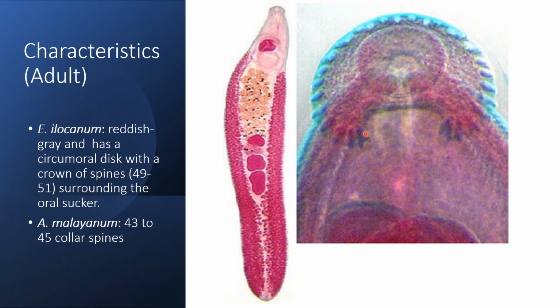They only differ based on the number of collar spines surrounding the oral sucker. E. elocanum has 49 to 51 spines, while A. malayanum has 43 to 45 collar spines. And take note that A. malayanum is quite larger and longer compared to your E. elocanum.